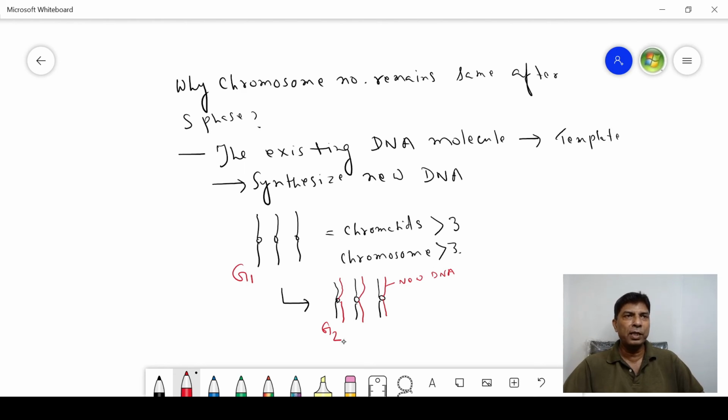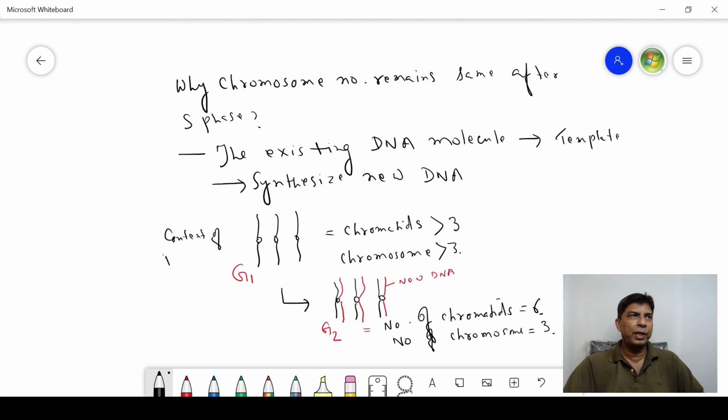Here you can see in G2 phase the number of chromatids has become 6, but the number of chromosomes remains the same. The content of DNA is 10 picogram in G1 phase. Then it has become 20 picogram in G2 phase. That means after S phase the quantity of DNA has become doubled.